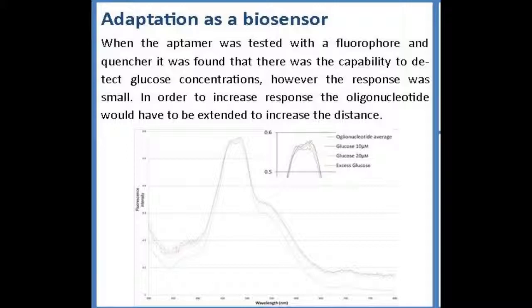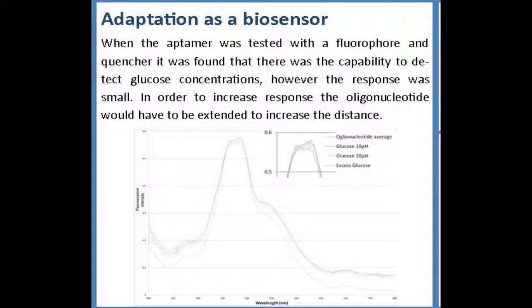Glucose was added to the DNA aptamer with the fluorophore and quencher added to either end at differing concentrations: 10 micromolar, 20 micromolar, and an excess of glucose. The response received from the spectrophotometer indicated that there is a change in the fluorescence output of the oligonucleotide when exposed to higher concentrations of glucose.